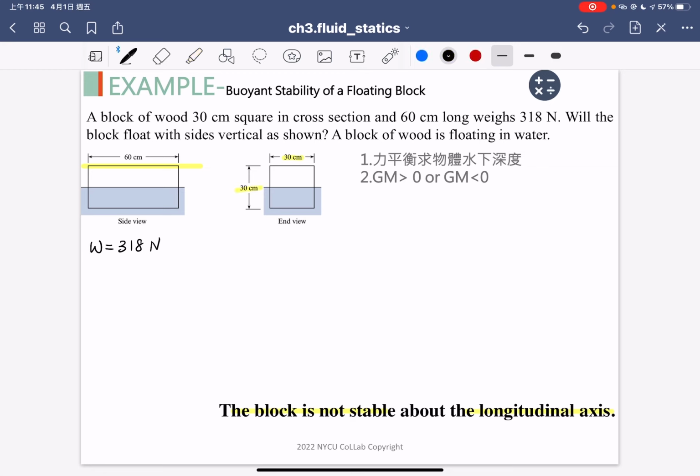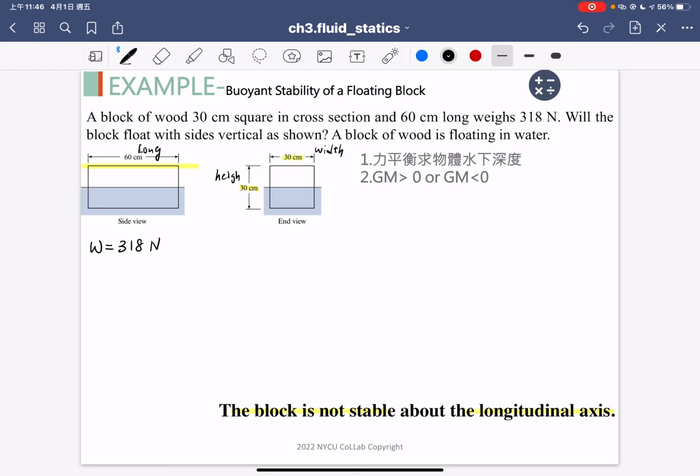So this is the width, and this is the height, and this is the length. The 60 centimeters is along the longitude direction.